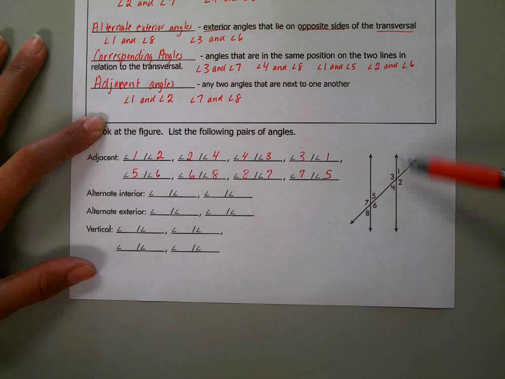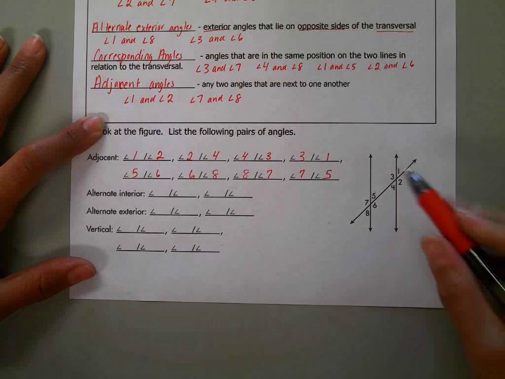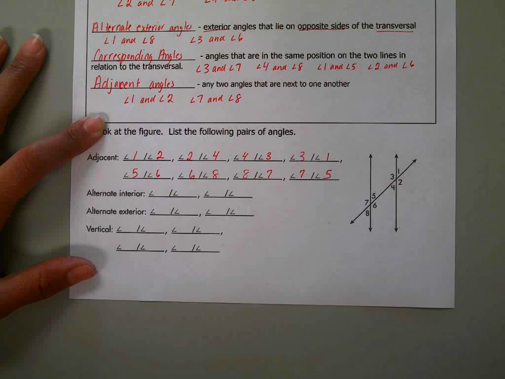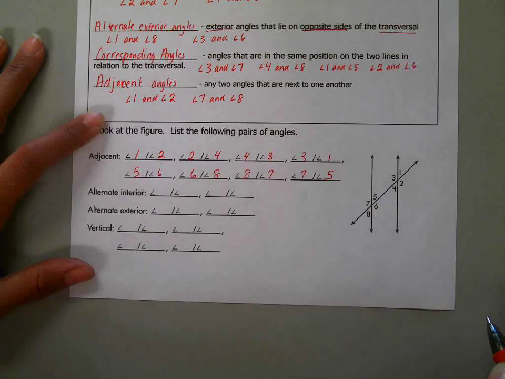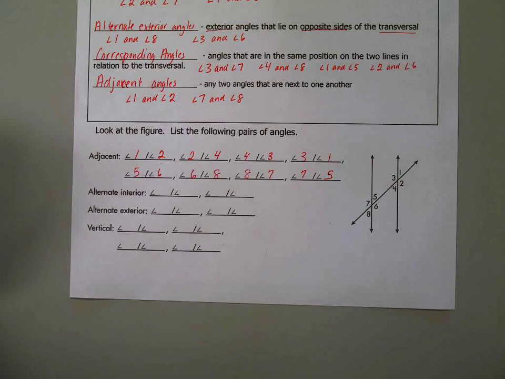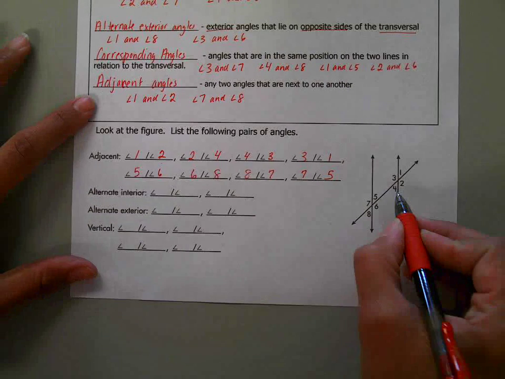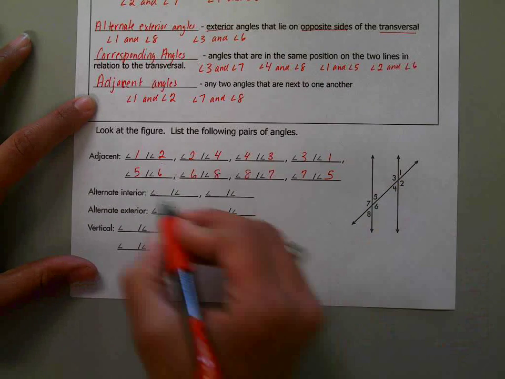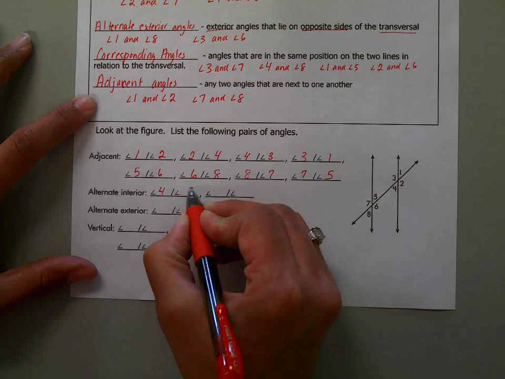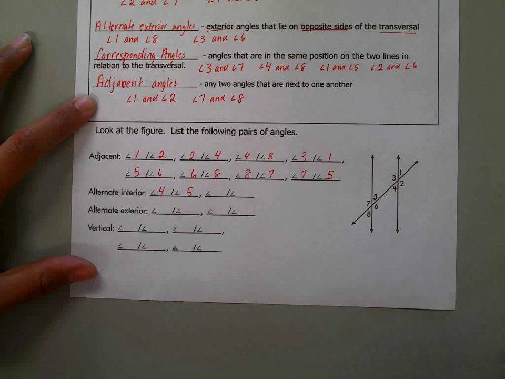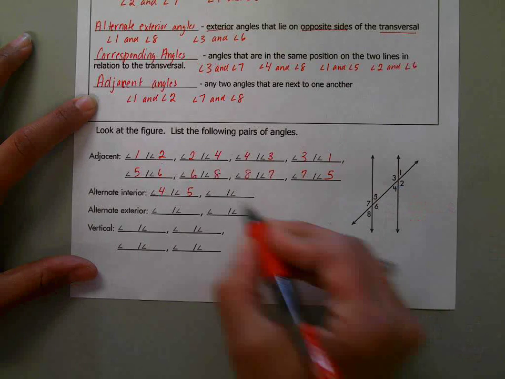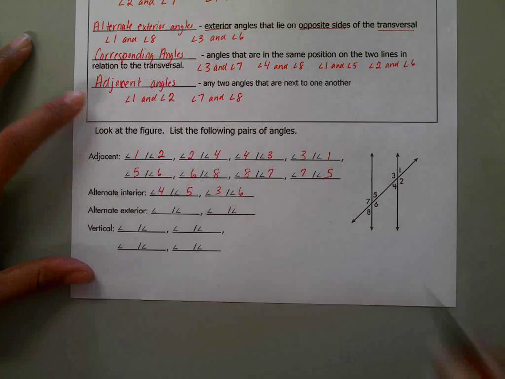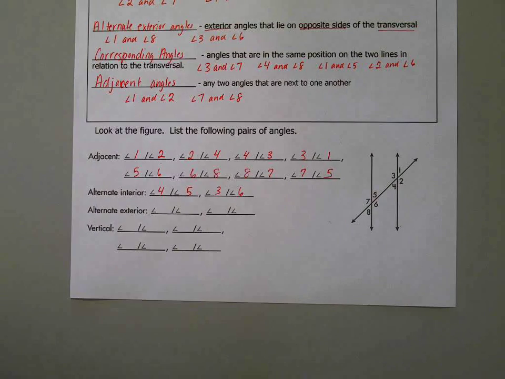They didn't give us any kind of sign that they were, so we don't have to worry about that. So we're looking inside these two lines here, and they need to be on opposite sides of the transversal. So angle 4 and angle 5 are alternate interior. And angle 3 and angle 6. And if you put angle 6 and angle 3, that's fine. It's the same thing.